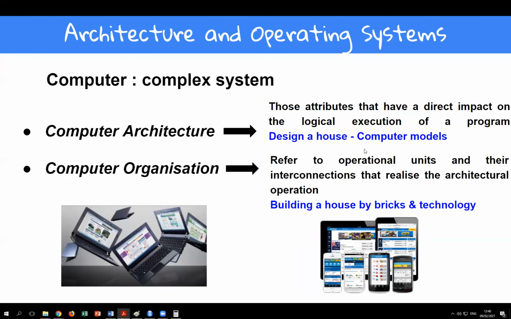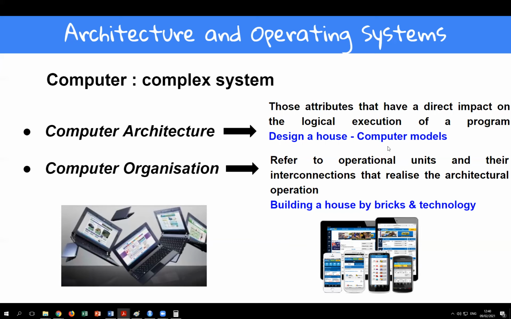But computer organization refers to the operational units and their interconnection that realize the architectural operation. It means that it's like building a house with bricks and technology. So first of all, using architecture, you design your house and then use bricks and different technologies and other stuff to build that house.